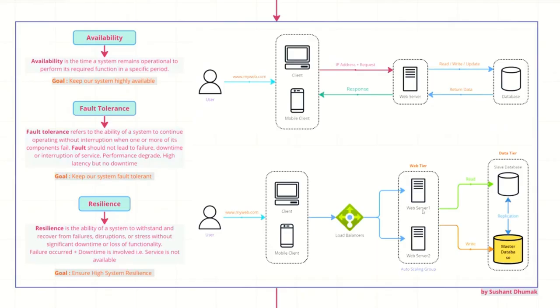Resilience comes into the picture when your system is actually down and your service is not available to the user. When a system has failed and is not giving you the service you are looking for, the time it takes to come up again, start itself and provide you the necessary services is called the ability of resilience.